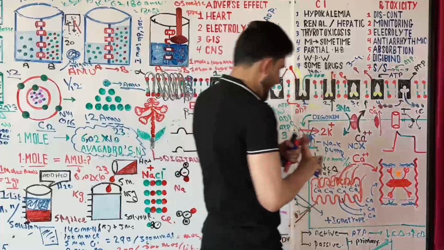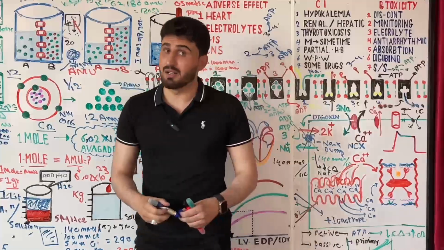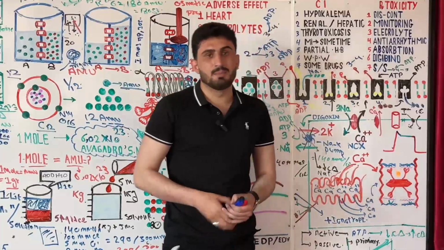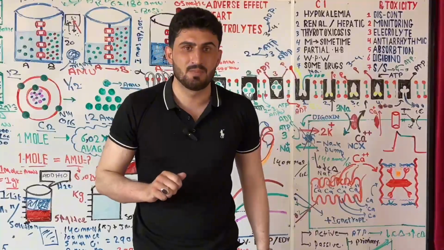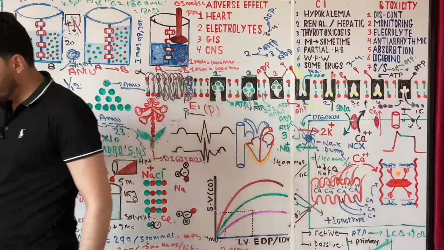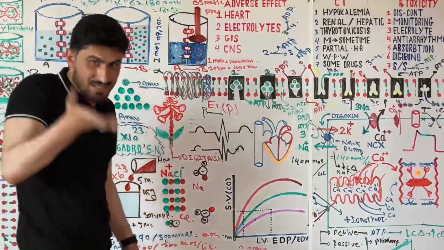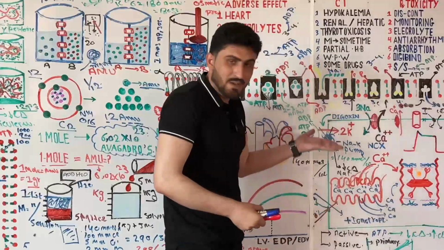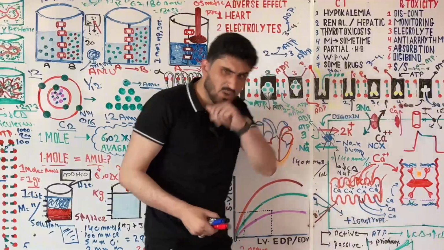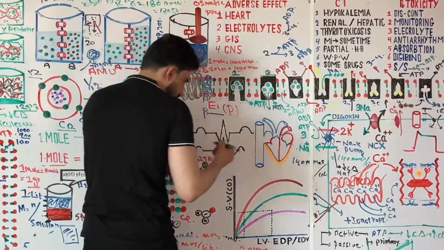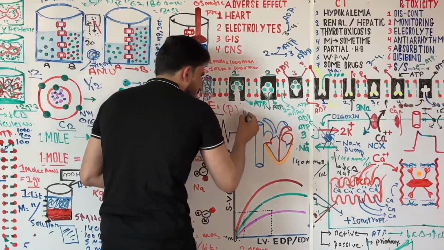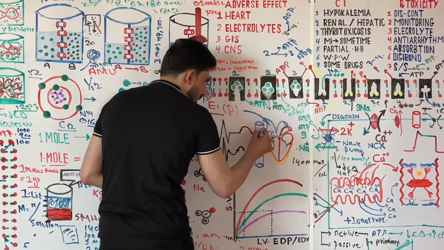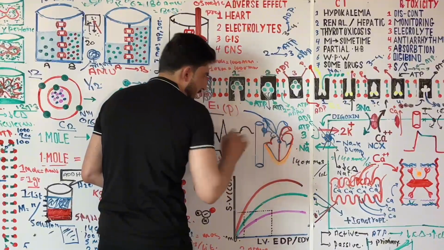The second effect of digoxin on the heart is that digoxin stimulates the vagus system. It increases vagal tone or vagal outflow. When it increases vagal tone, you know that we have fibers of the vagal system on the SA node and also on the AV node.